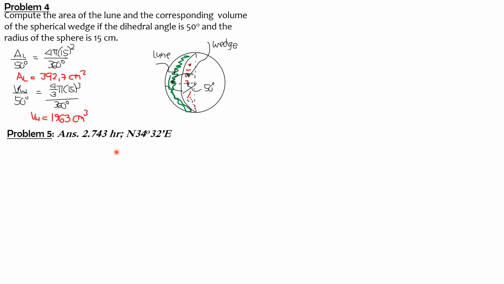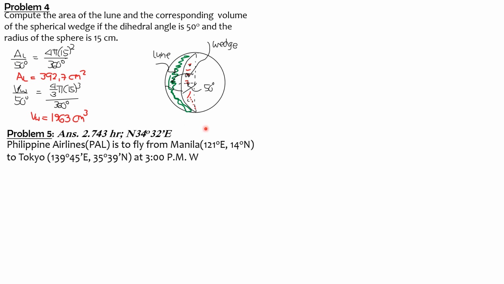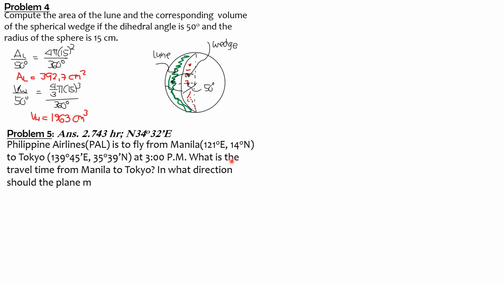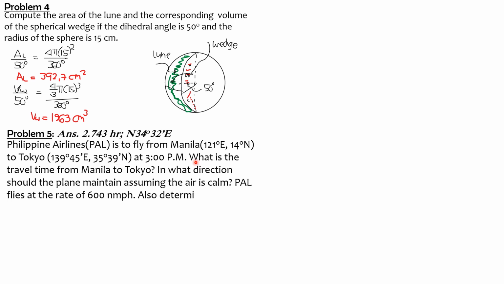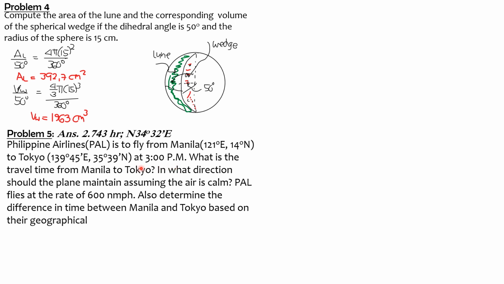Problem 5. Philippine Airlines, or the PAL, is to fly from Manila, 121 degrees east, 14 degrees north, to Tokyo, which is 139 degrees 45 minutes longitude east, then 35 degrees 39 minutes north at 3 p.m. What is the travel time from Manila to Tokyo?